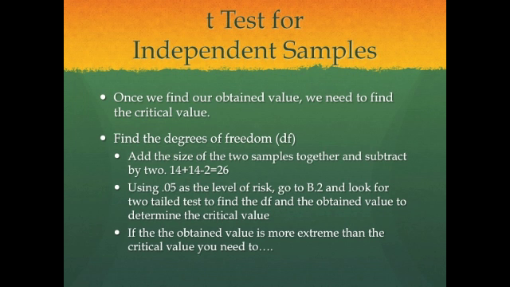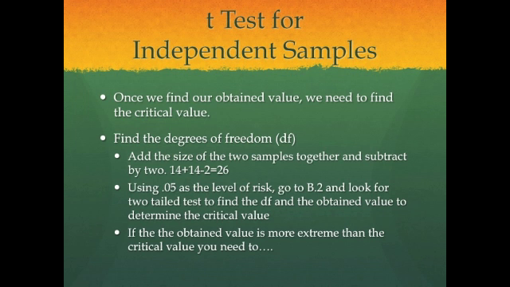And then you want to subtract 2 for the two groups, giving us 26. Using 0.05 as the level of risk, we again want to go to Appendix B2 in our textbook to look for the two-tailed test, find the degrees of freedom, and the obtained value that we found in order to determine what the critical value is.